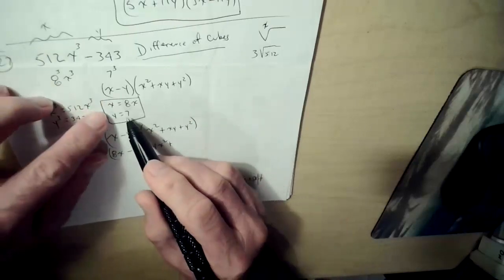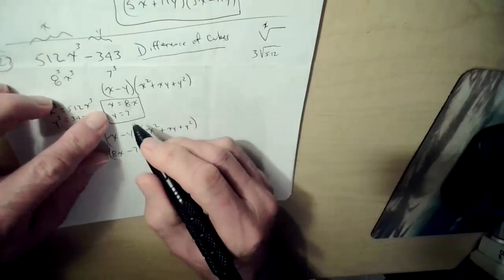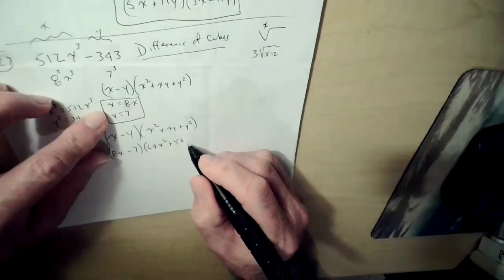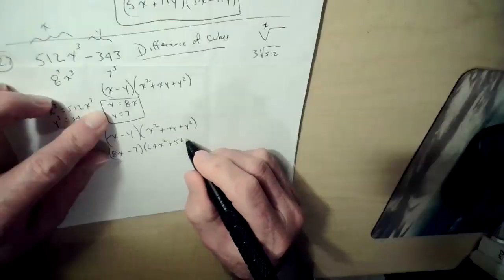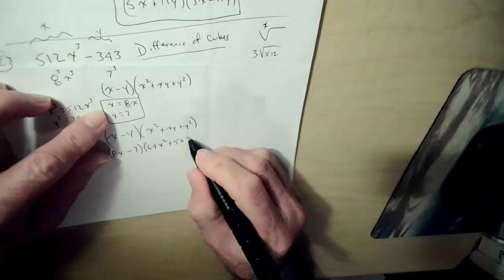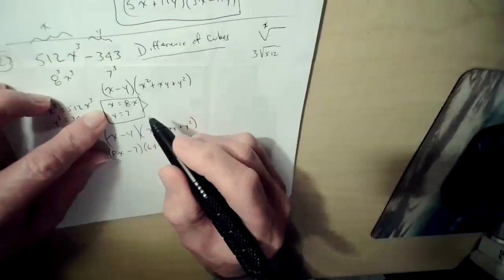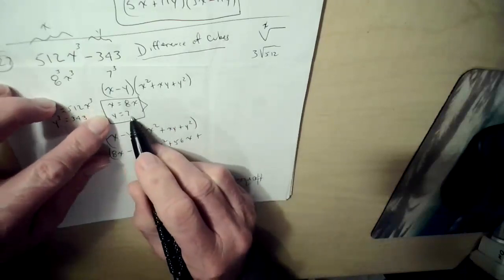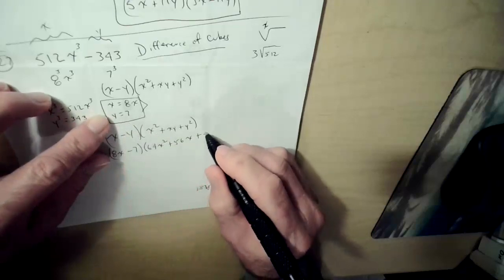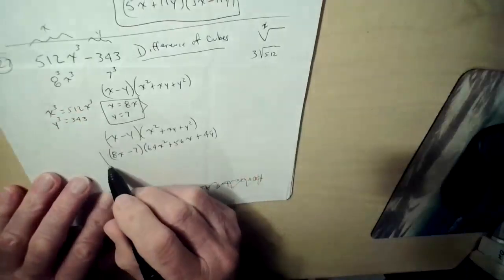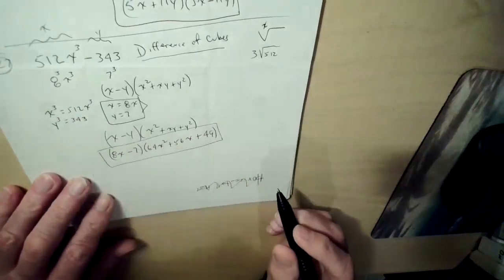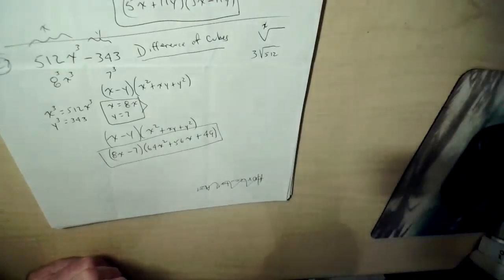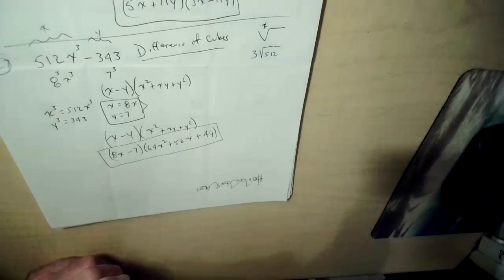Now we have plus xy. Don't forget you have to multiply these two things, so you get 56x. Plus y squared. Y is 7, so y squared is 49. I made this sound more complicated than it really is. It's actually pretty simple.